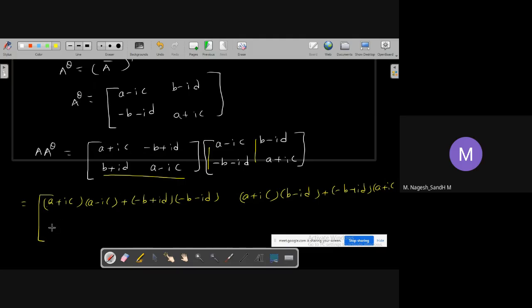Second row into first column: b plus id into a minus ic, plus a minus ic into minus b minus id. Second row into second column: b plus id into b minus id, plus a minus ic into a plus ic.